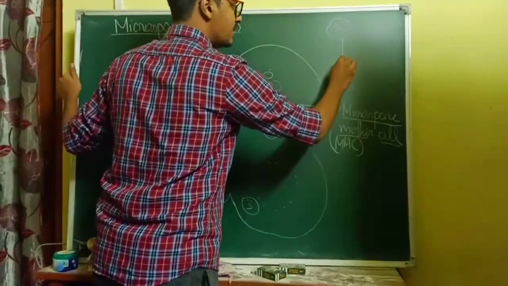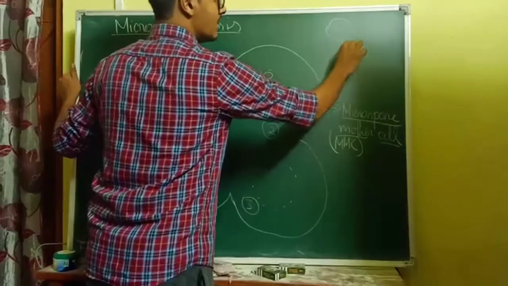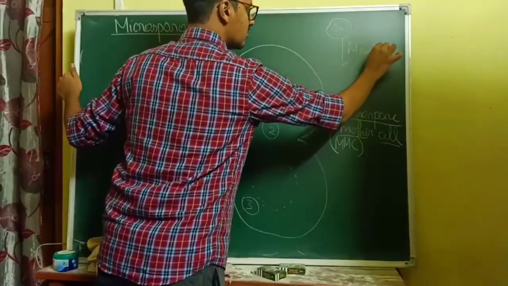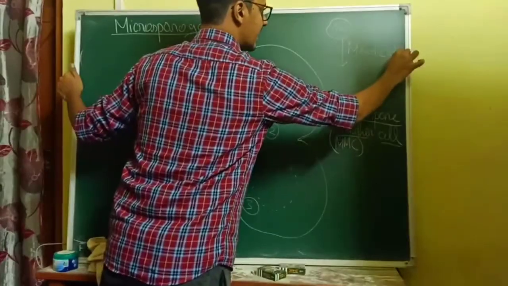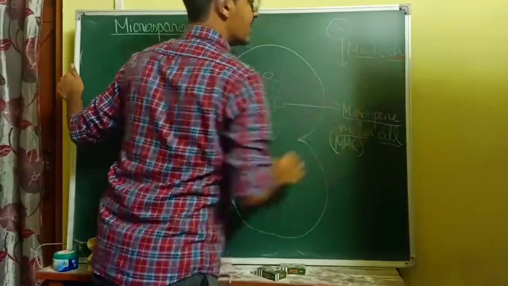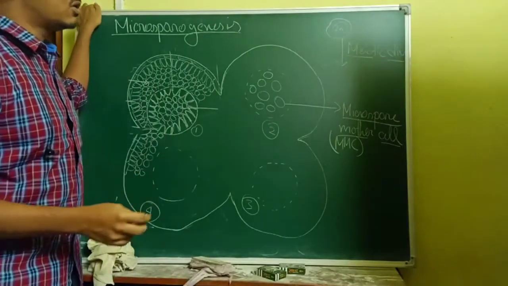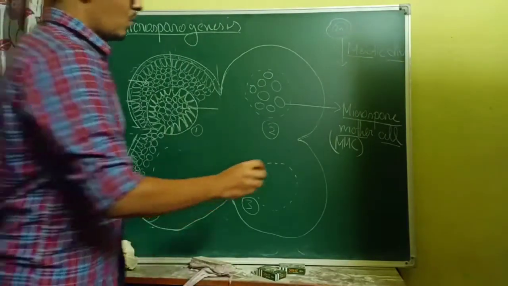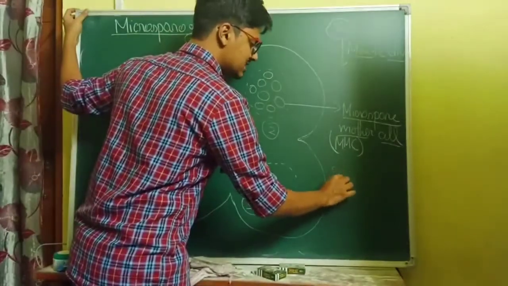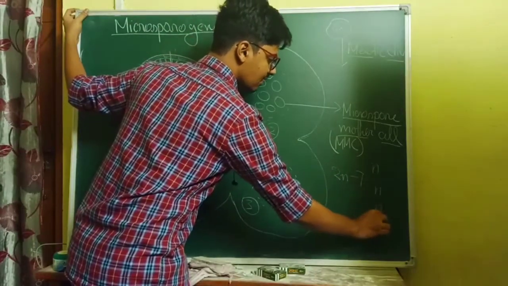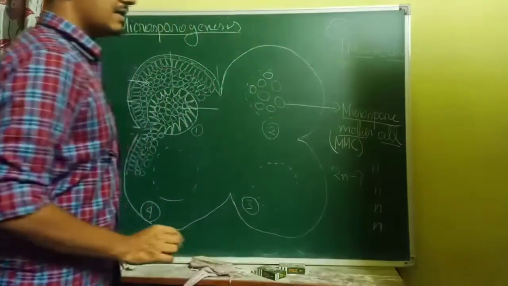After this what happens? A meiosis takes place. One meiotic division takes place. And we know, as a result of meiotic division, from one diploid cell, we get 4 haploid cells, right?